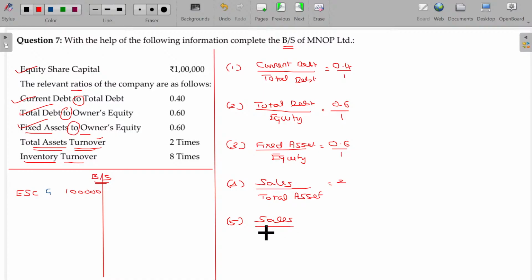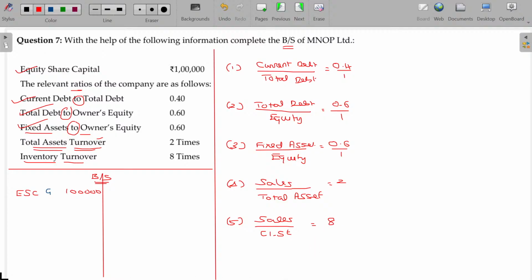In the denominator, if opening and closing inventory are given, then you can take the average, but we don't have any opening and closing information, so closing inventory can be taken. Usually, if the denominator, being stock, contains no profit, the numerator should also be exclusive of profit. But there's no GP information anywhere in this illustration, so sales may be taken here. That's how you have to guess sometimes.